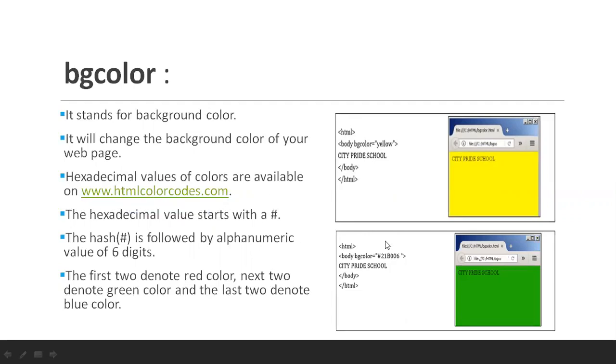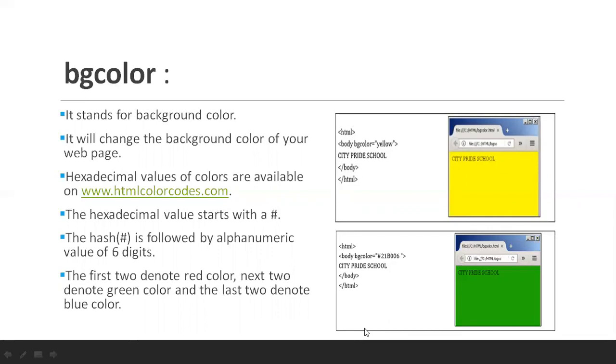Because we have 6 digits with a hash. That's why it's called hexadecimal codes for each and every color. Or we can also denote it as a normal color name. So moving ahead, I'll show you how it is seen practically, as I'm going to do in Notepad.